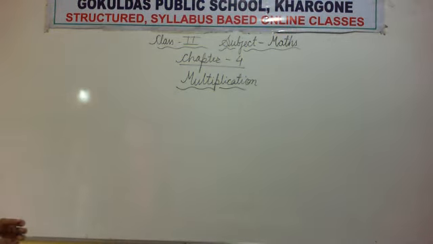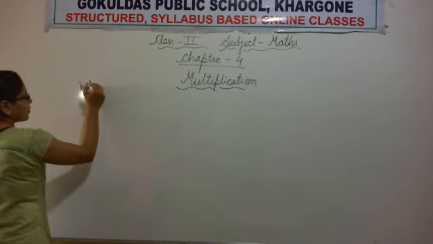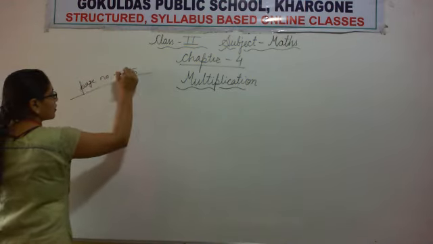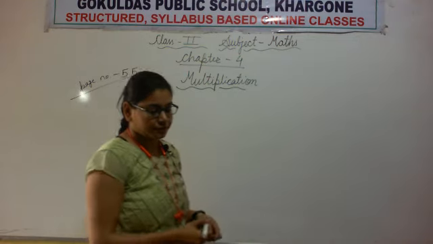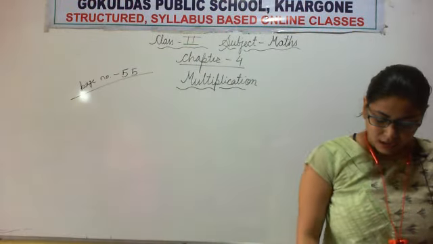Okay, so all of you now open your book, page number 55. A question is given there: multiply by repeated addition.